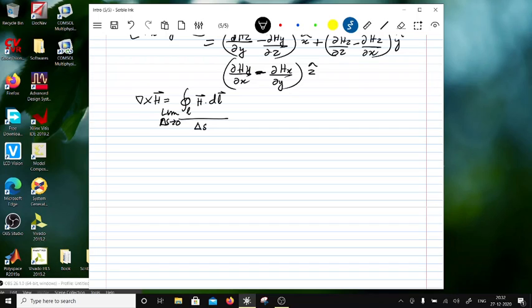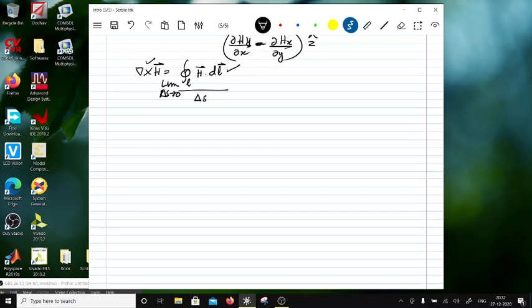So you see, we went from a single dimension to a 2-dimension case. How? If you take delta S to the left hand side, you will have curl of H dS, and if you integrate this over the surface, it would be equal to the loop integral of H dot dl.